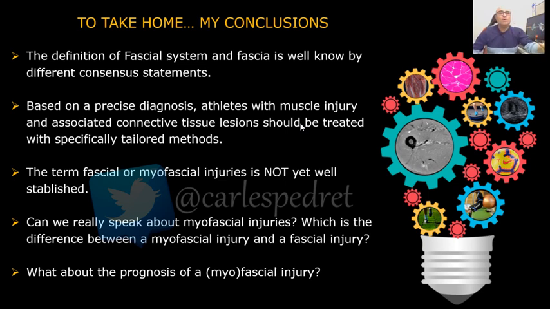And can we really speak about myofascial injuries? Do we really know what the fascia of every muscle that we want to assess is? So do we know the exact behavior of the rectus femoris fascia? So what is the difference between a myofascial injury and a fascial injury?